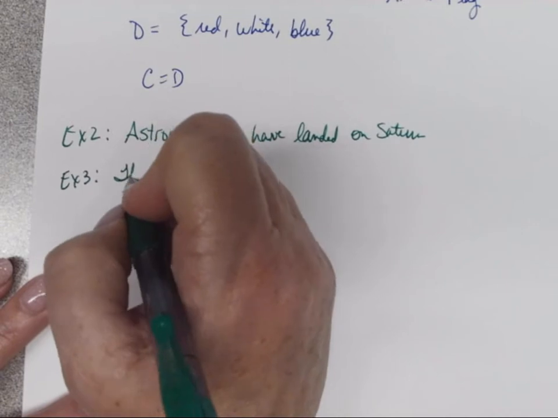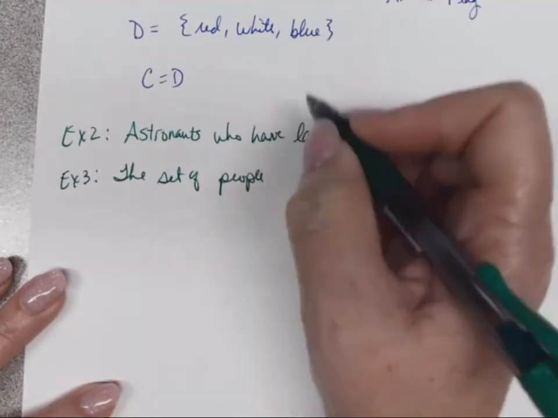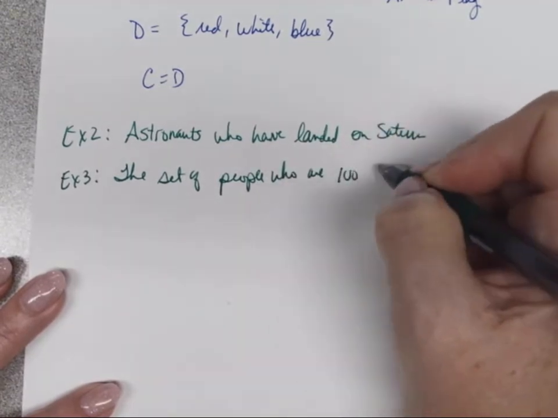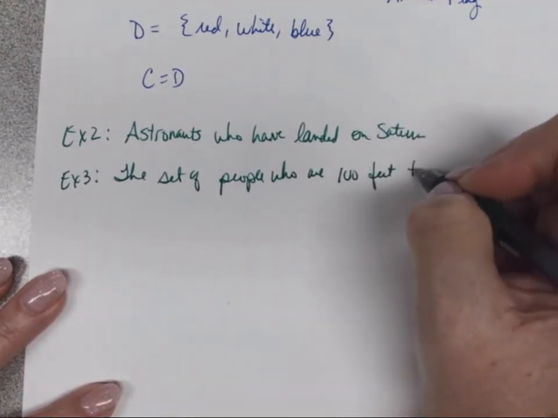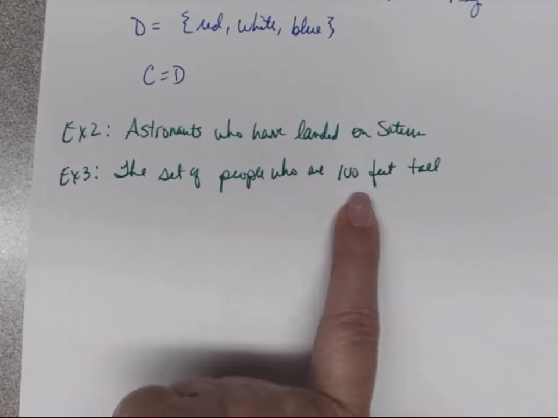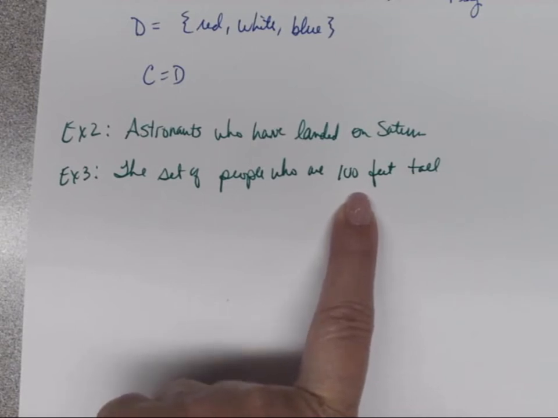What about the set of people who are 100 feet tall? So there's no person who is 100 feet tall. Now, some people might be inclined to say, well, 10 feet. But you can't know for certainty that never, ever, ever in the existence of people has anybody been 10 feet tall.